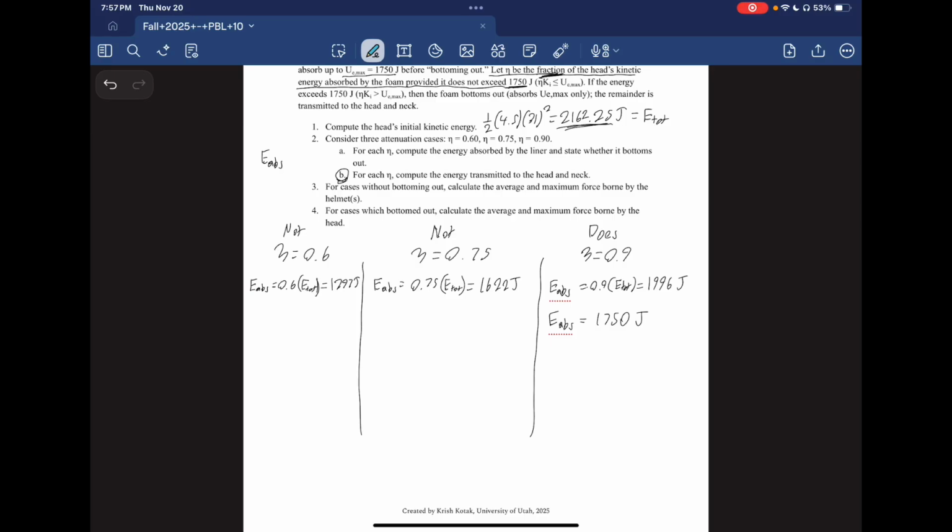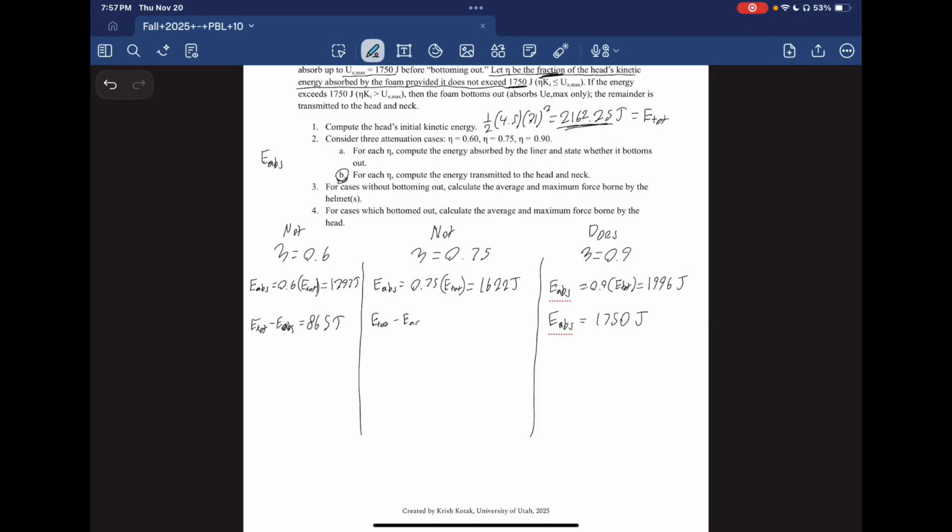Okay. Anyways, the energy transmitted to the head and neck is going to be the total energy, so E total minus the energy absorbed. So in this case over here, E total minus E absorbed is equal to, let me see, 865 joules.